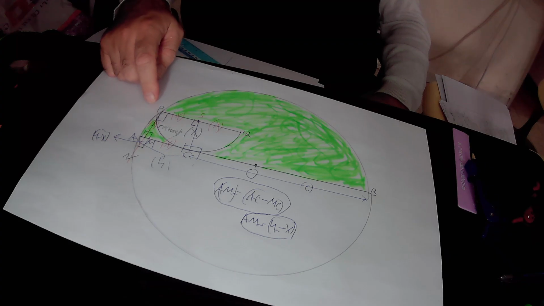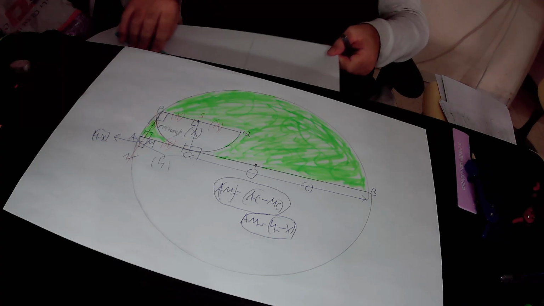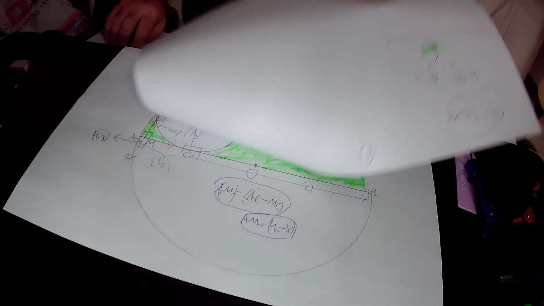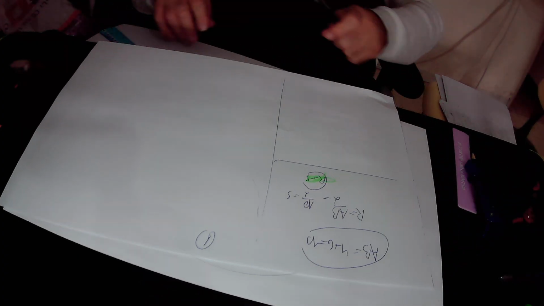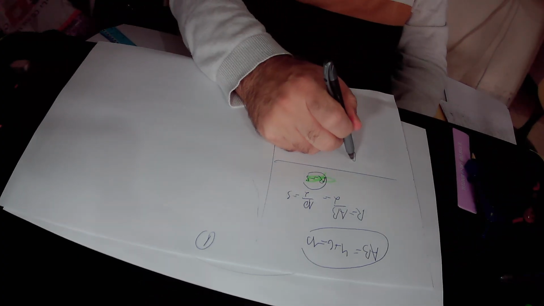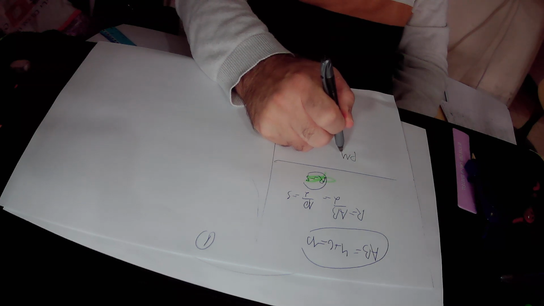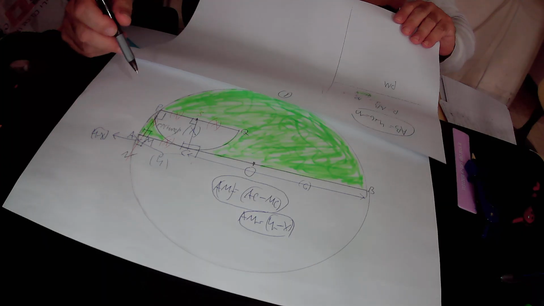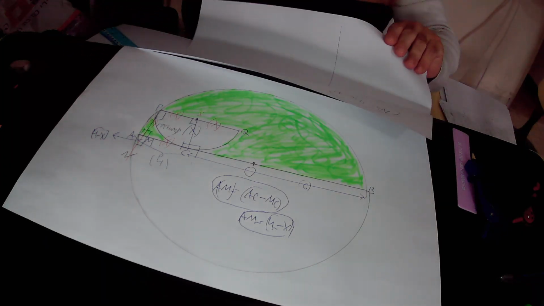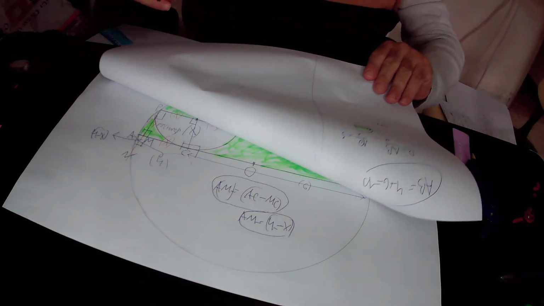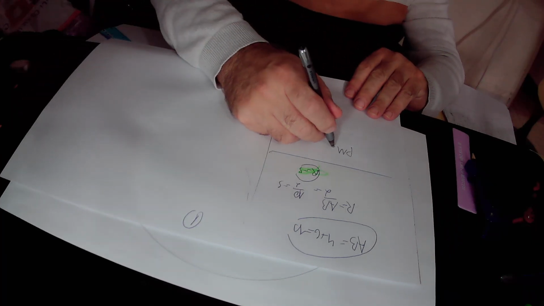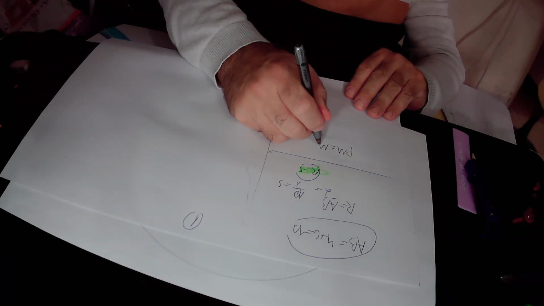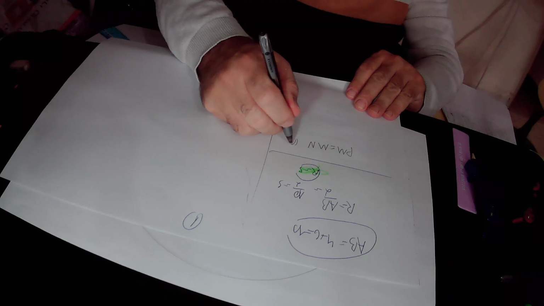The first half is Pm, and it must be equal to the second half Mn. So Pm equals Mn according to rule 15.